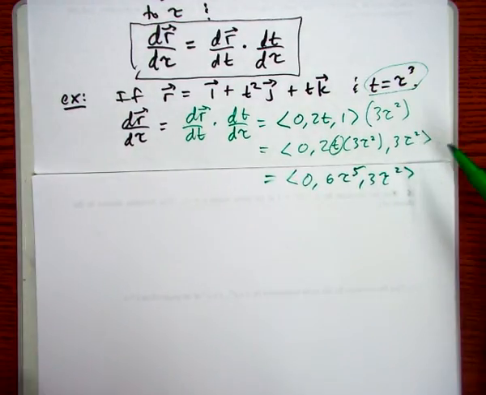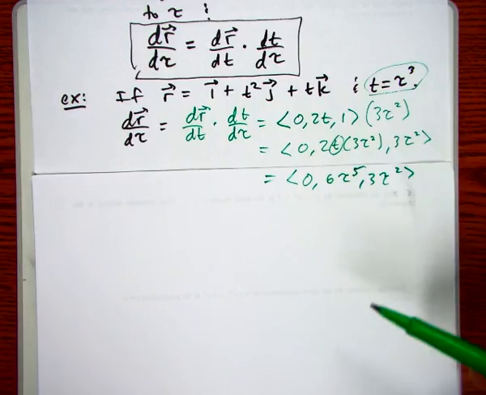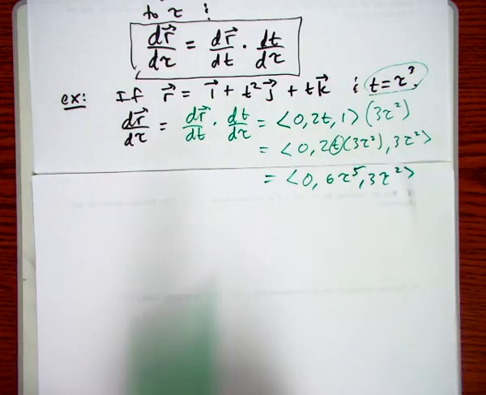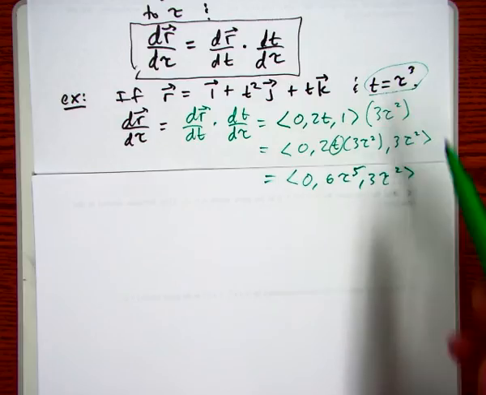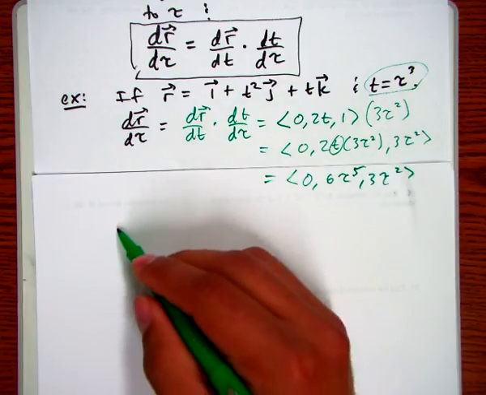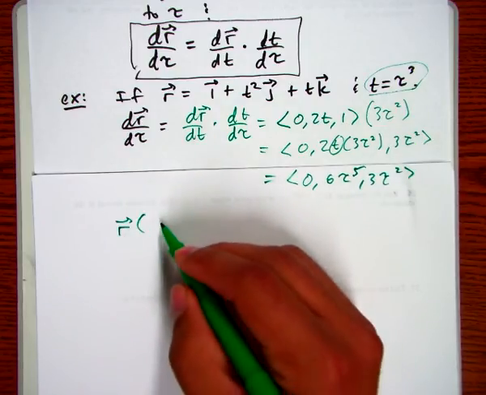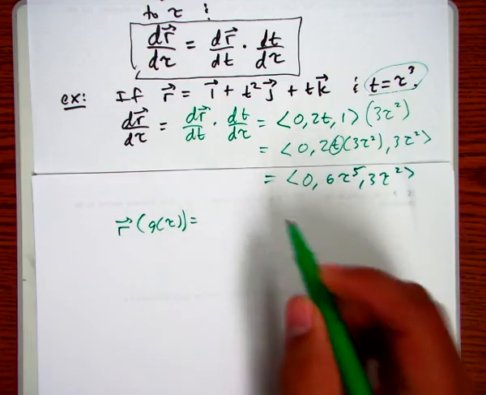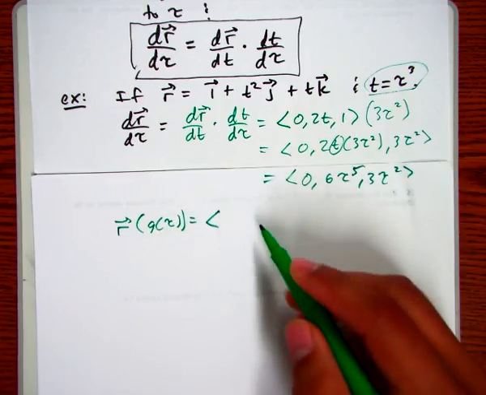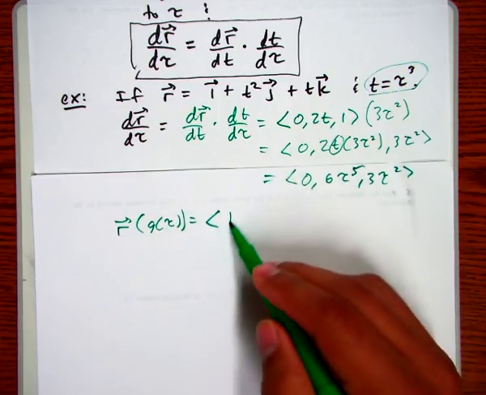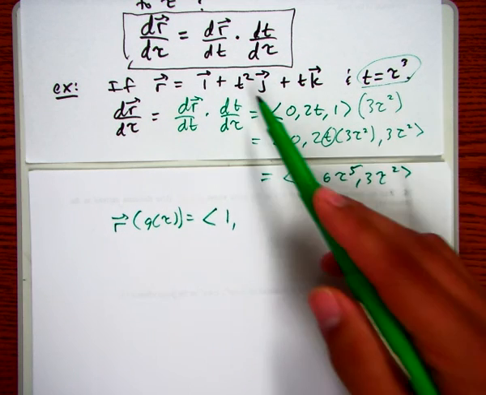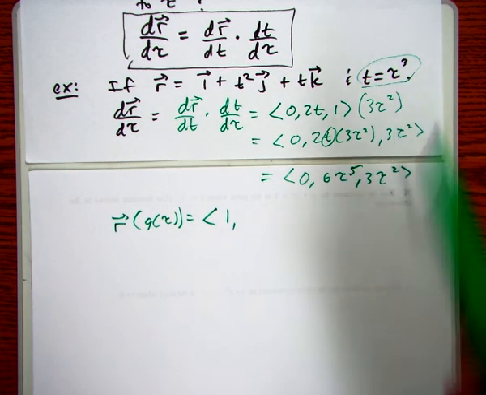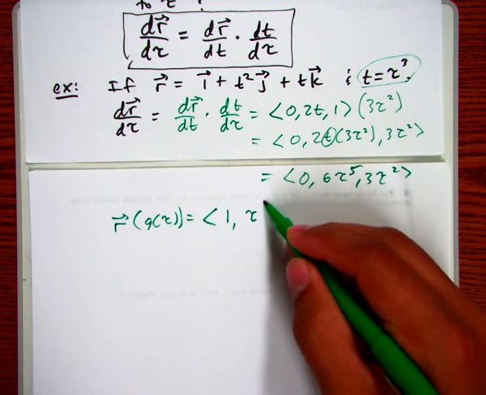I mean, it's not too bad. Depending on how these vector-valued functions look, one might be faster than the other. In this case, if you just do the substitution first, so go ahead and figure out r of g of tau, then that would just be 1. T squared, if you square both sides, will give you tau to the 6.